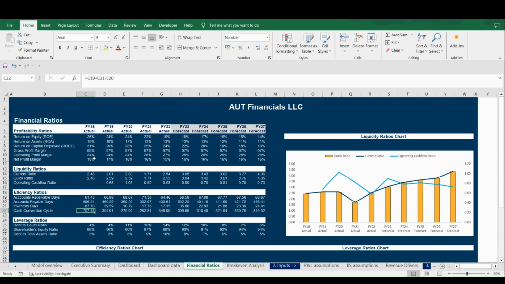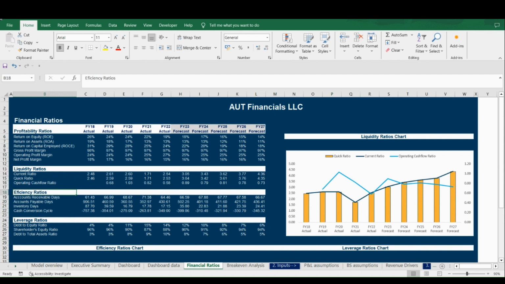Next up, we have the financial ratios. The financial ratios are divided into four major categories. First one is the profitability ratios, which includes return on equity, asset, and capital employed. And then we have gross profit margin, operating profit margin, and net profit margin. Next up, we have liquidity ratios, which include the current ratio, quick ratio, and operating cash flow ratio.